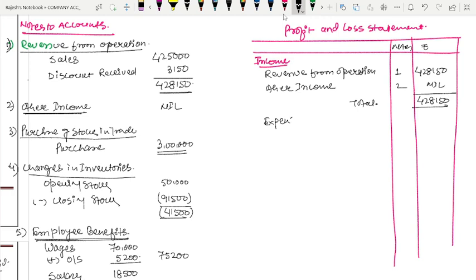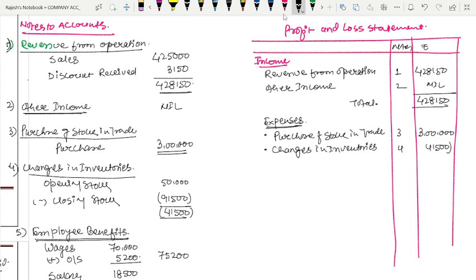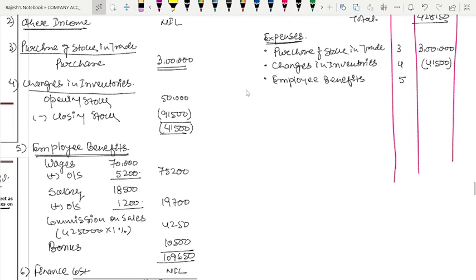Expenses: purchase of stock in trade, changes in inventories, employee benefits. How much is the amount? 1,09,650.